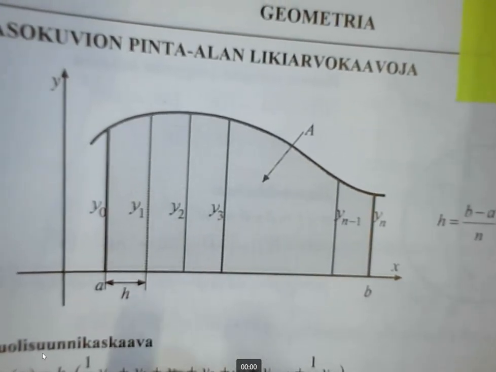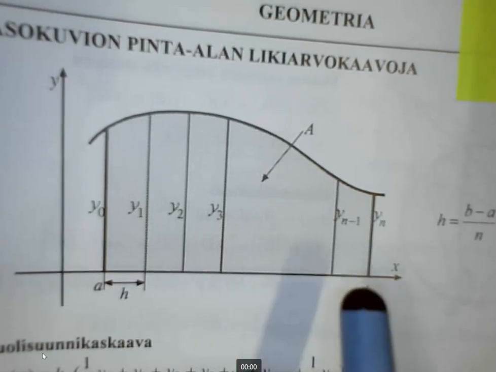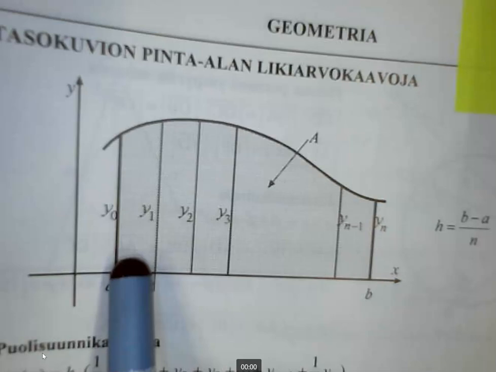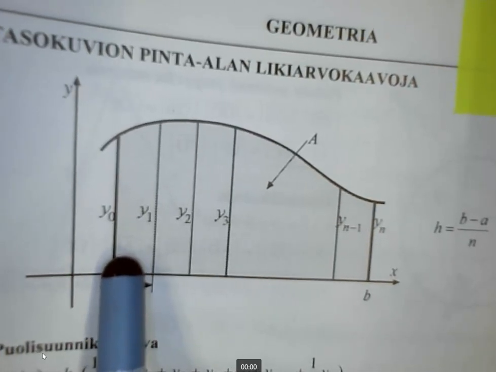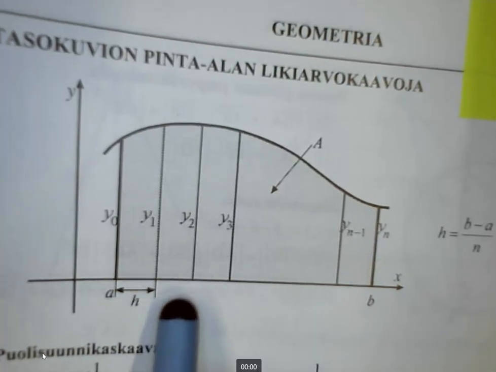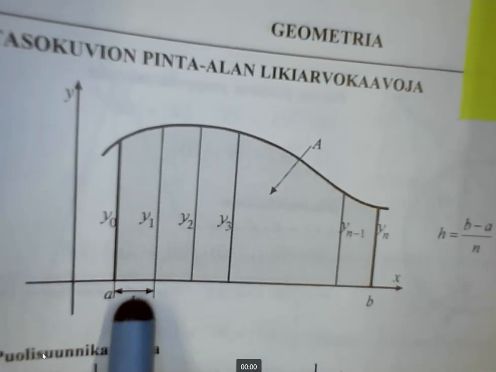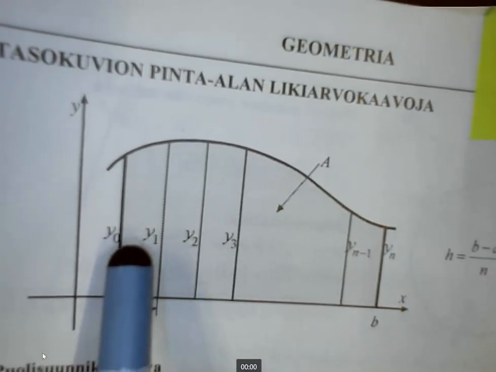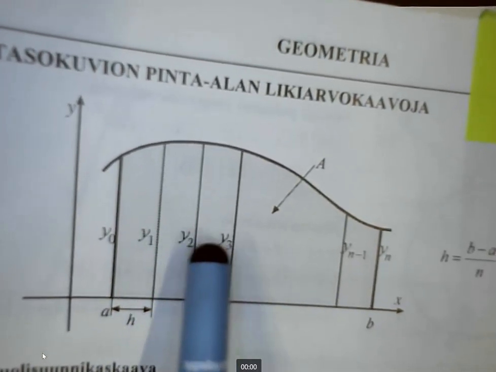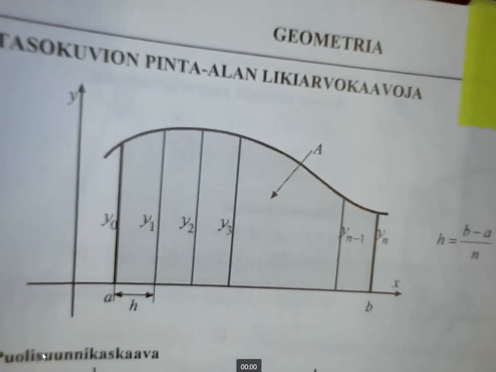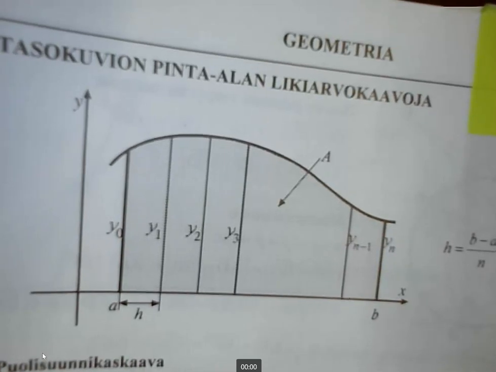and we do it so that we divide it into subparts, so that every part is equal in length or width, and the number of these parts is always an even number.